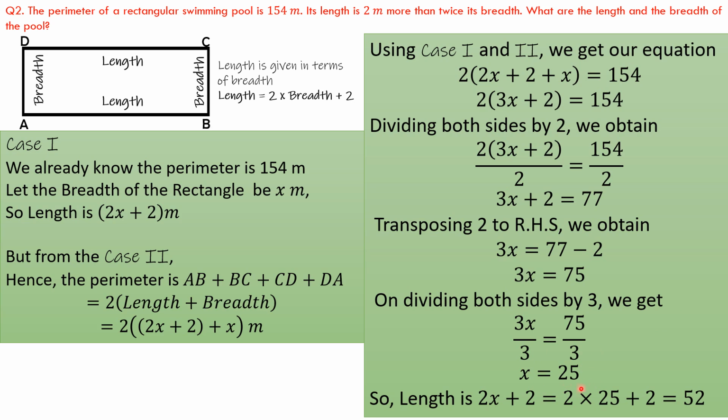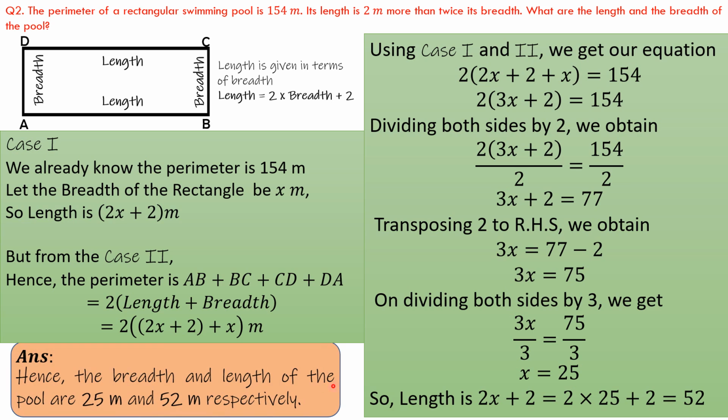After solving this, we get x equals 25. So this is our breadth and length equals 2x plus 2 equals 2 into 25 plus 2 equals 52. Hence, the breadth and length of the pool are 25 meter and 52 meter respectively.